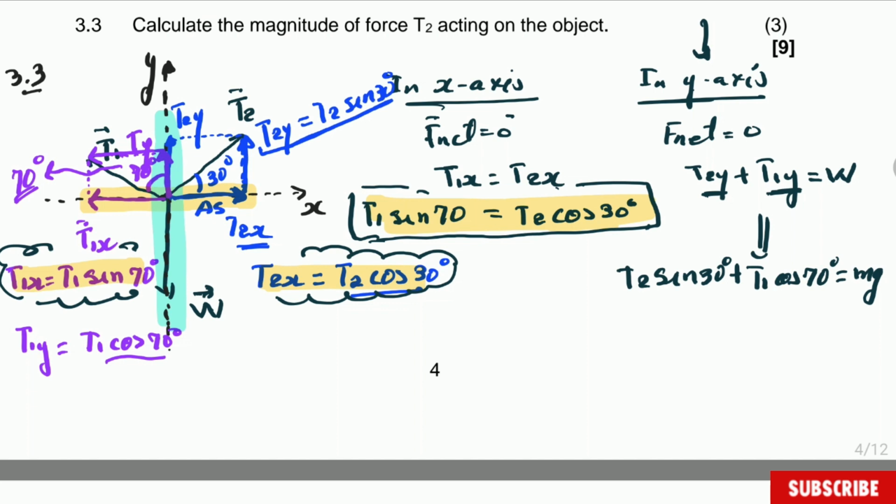Now we can stop there and substitute the other equation for T2 or T1. In this case, T1 will be better.